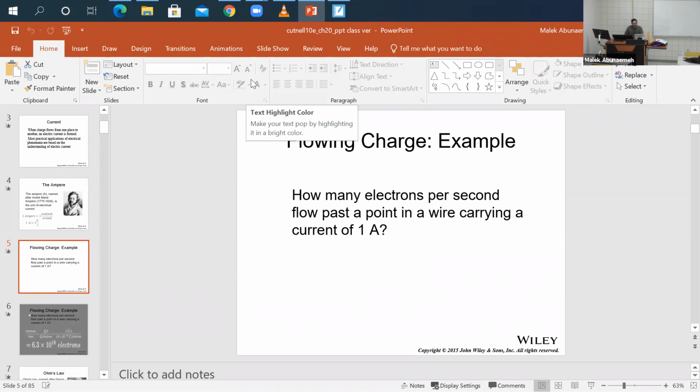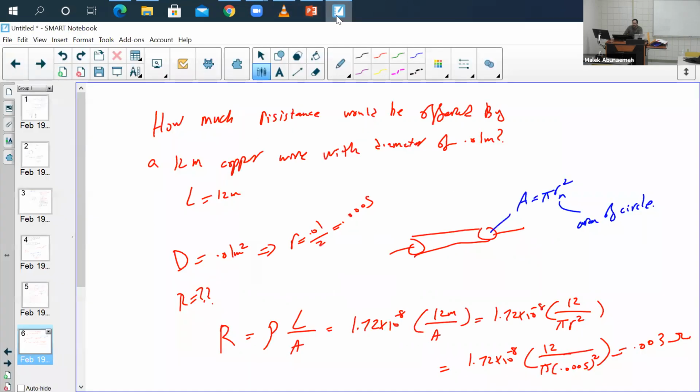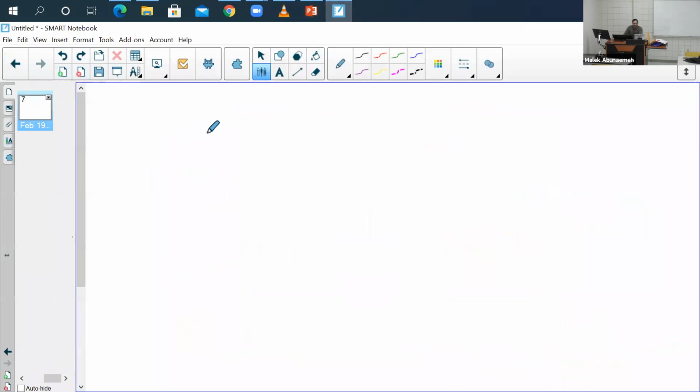Let's do this question real fast. You get 1 amp carrying current. Let me do this example.